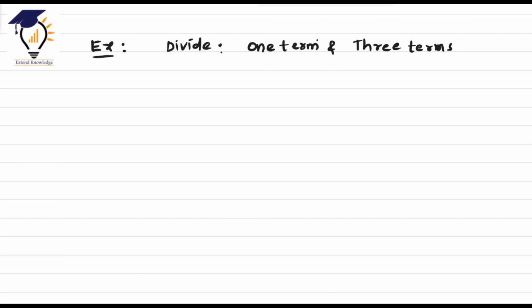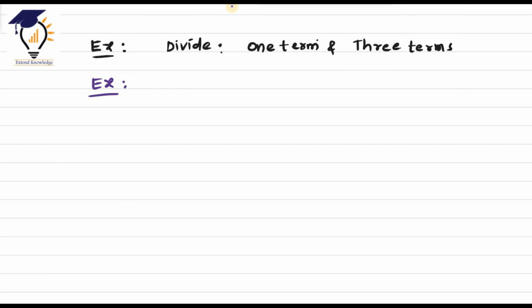So let's see one more example. So in this example I'll show you how to divide a one term expression. So dividing one term expression, one term with 3 terms. So let's see. One example I'll put here to understand this concept.